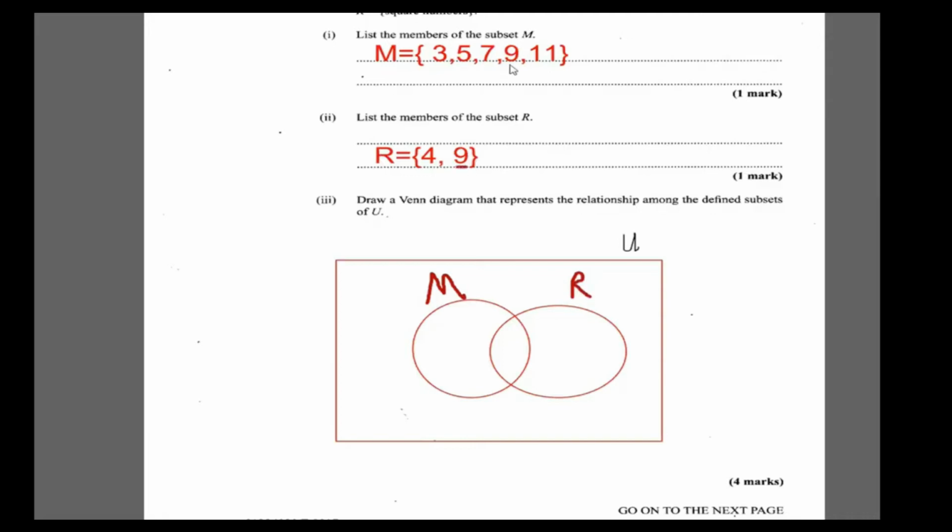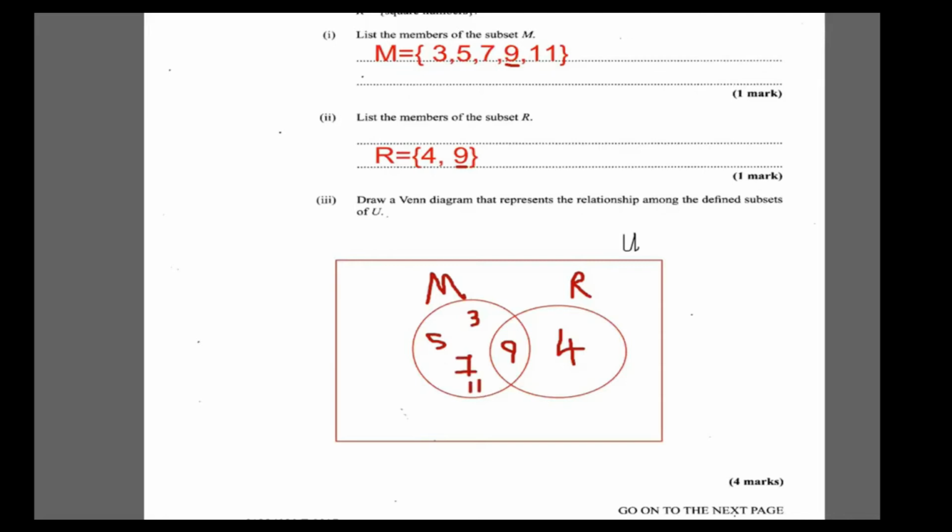Both sets have 9 in them, and so 9 goes in the intersection. The only thing left over for R is 4. For M, what is left is 3, 5, 7, and 11.